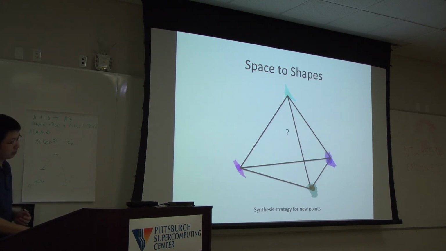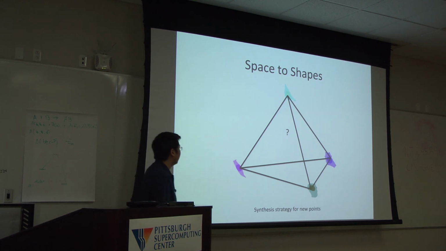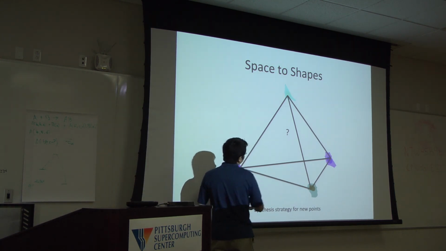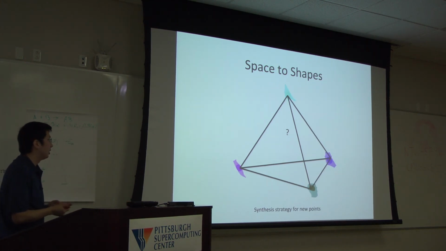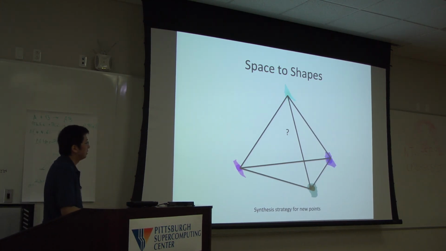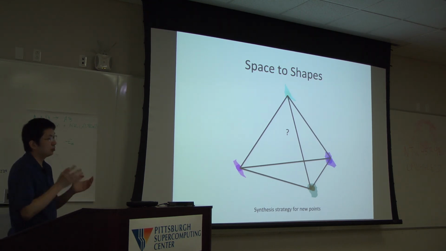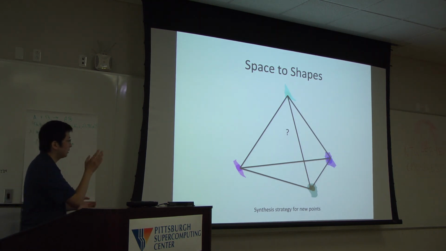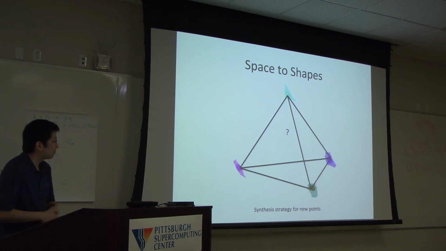So suppose we want to synthesize the shape in this location, which is not seen in our data set. We can just use some surrounding cells and do a pairwise synthesis. As I said before, the path in between two cells can represent the evolution between these two cells.